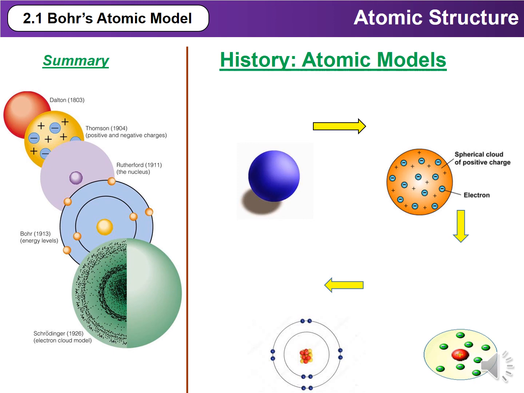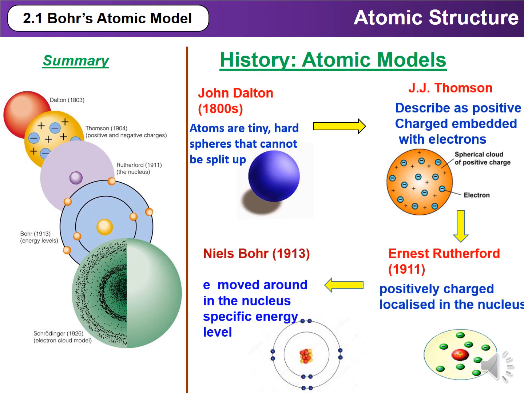Bohr is between Rutherford and Schrödinger. So we are studying more detail about Bohr, because Schrödinger goes under wave, right? As you can see in your slides, we have summarized the history.